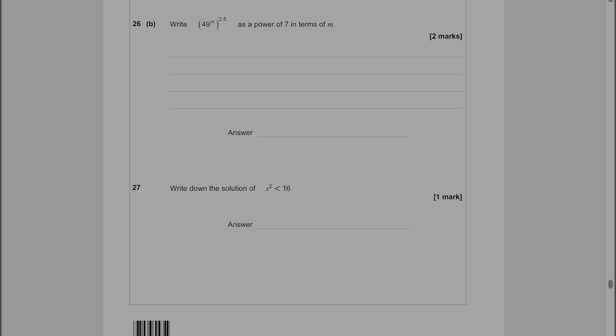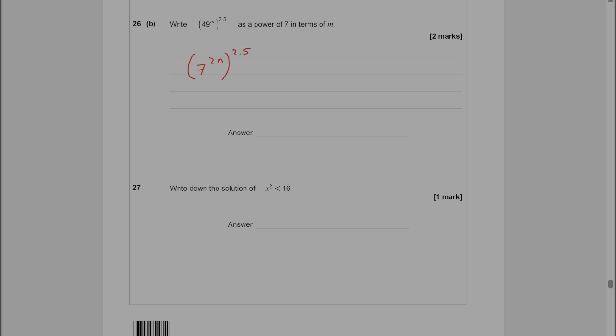Right, part B, work out 49 to the power m, all to the power 2.5, as a power of 7 in terms of m. Okay, so I'm going to say that's 7 to the power 2m, because 7 times 7 is 49, and I want to put that to the power of 2.5.